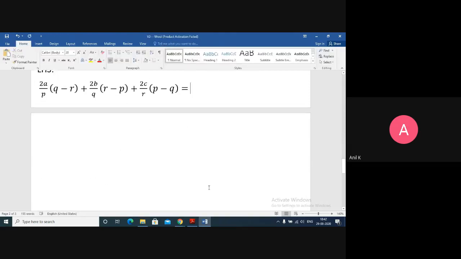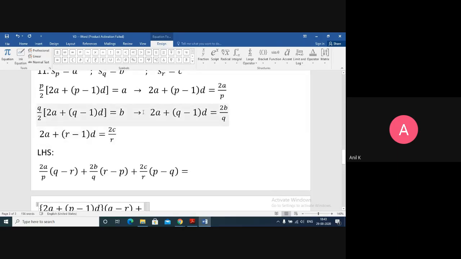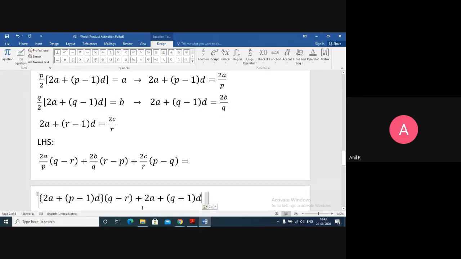So I'll write in the next line. I am replacing 2A upon P value this way. Okay, just a minute. Let me insert another bracket. Be careful. When you open up the brackets, you have to be careful. This entire value I have replaced as 2A upon P, multiplied with Q minus R, plus 2B upon Q, I'll replace with this one, Control C, Control V, again I have to put the bracket.